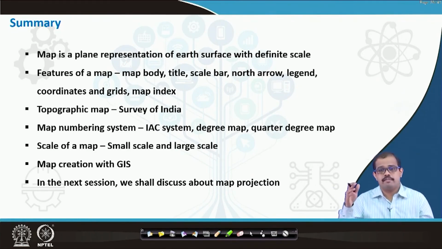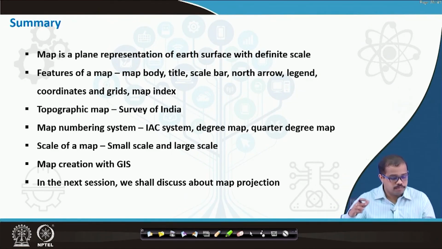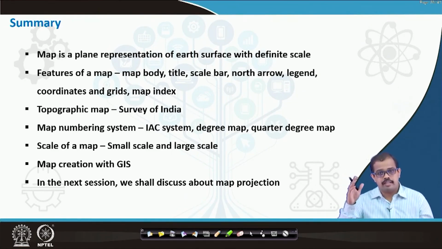It is represented by 53A, B, C, D, or just 53A represents a 1:250,000 map. And if you represent 53A1, which is 15 minutes by 15 minutes, it is representing 1:50,000. And if you represent 53A1 northeast, then it is representing a 1:25,000 map, which is 7.5 minutes by 7.5 minutes. So that is how the entire India and adjacent systems are placed.